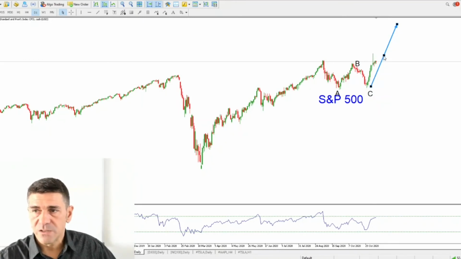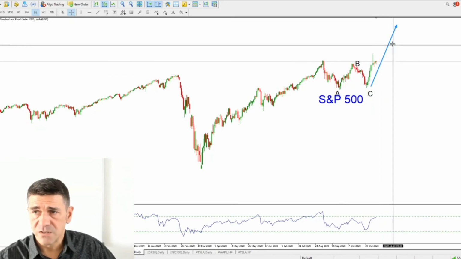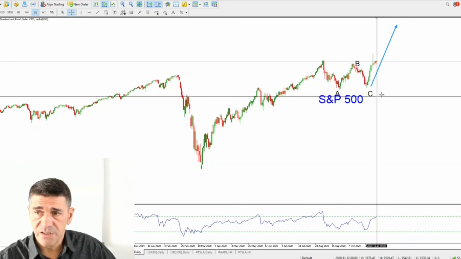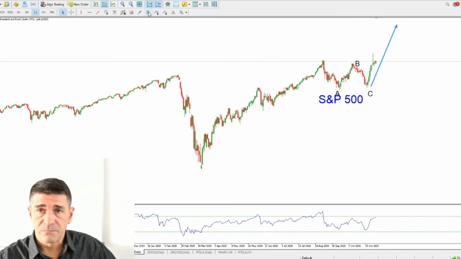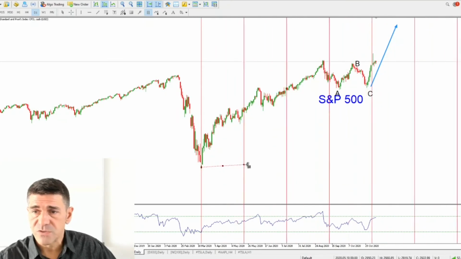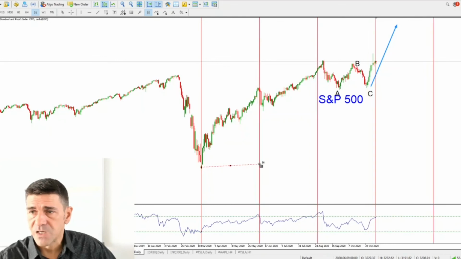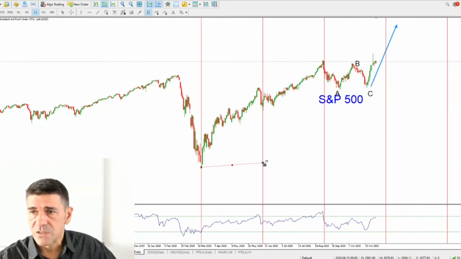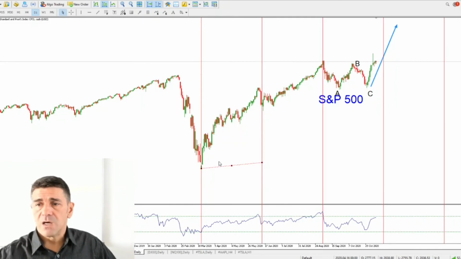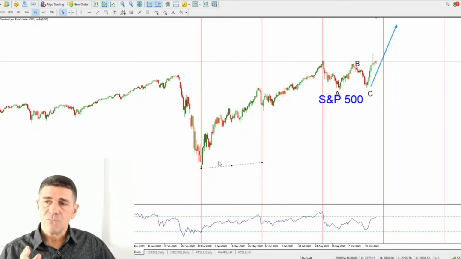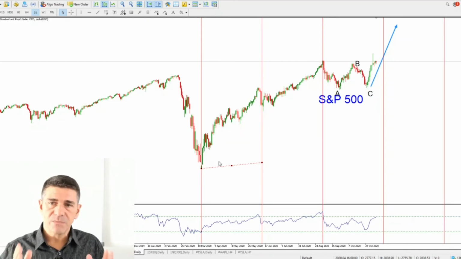Which means that we expect that once this correction starts, it's going to take a little bit. Let's put here and try to do some cyclical analysis, because this correction is going to last for at least 1/3 of the time that this impulsive wave was constructed.